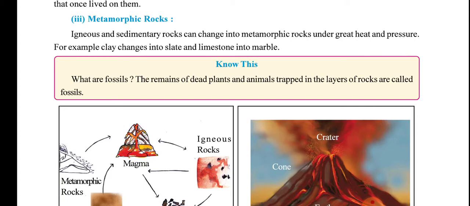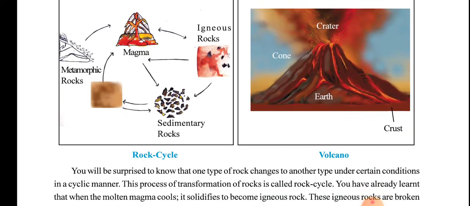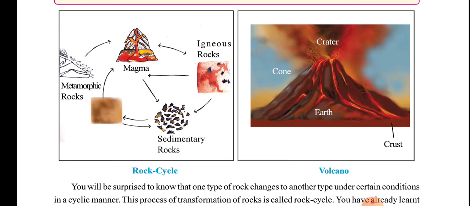We use marble tiles in our homes. So here you can see how metamorphic rocks are made. The process: magma, then igneous rocks, then sedimentary rocks, then metamorphic rocks. You have to draw this in your notebook.